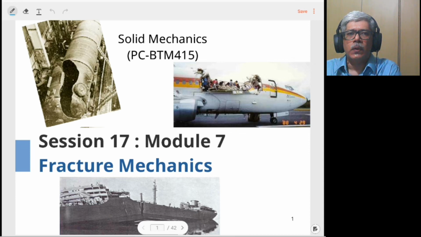In order to handle this situation, we looked into different approaches of the fracture mechanics, and we discussed two main schools. One is the linear elastic fracture mechanics, an approximate approach, and a more sophisticated approach in terms of elastic plastic fracture mechanics.